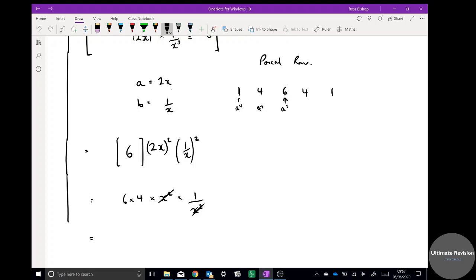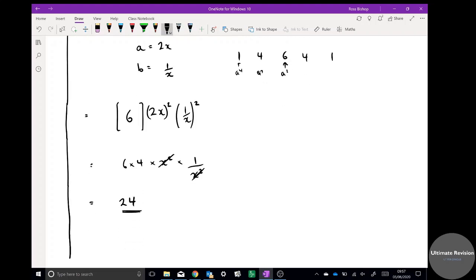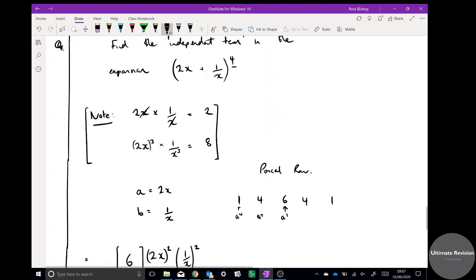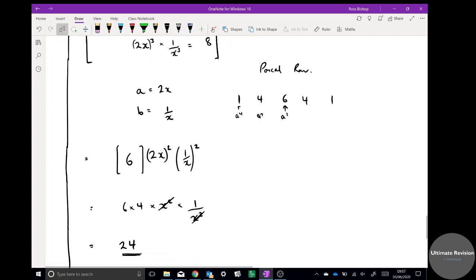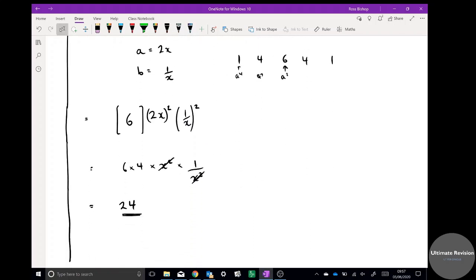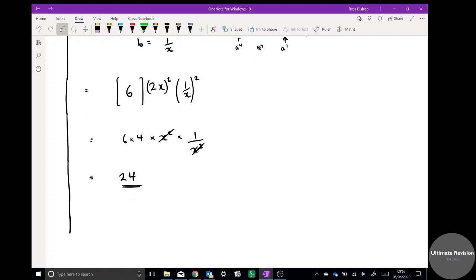I'm just left with a constant or independent term of 24. And that's how you work out the independent term. You could do the long way of expanding the whole thing, and you will end up with a term, one of them is 24, but you can find it much quicker if you can spot the tricks of what's going to cancel x's out.